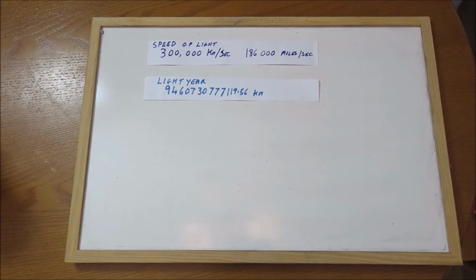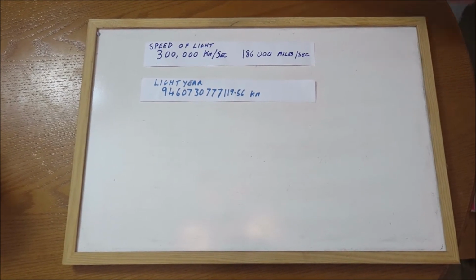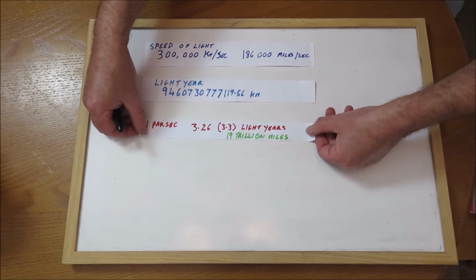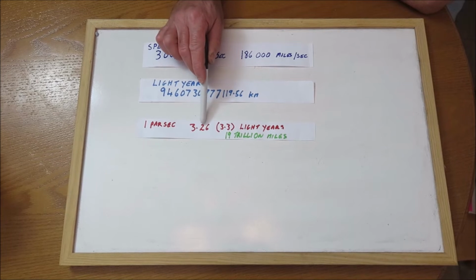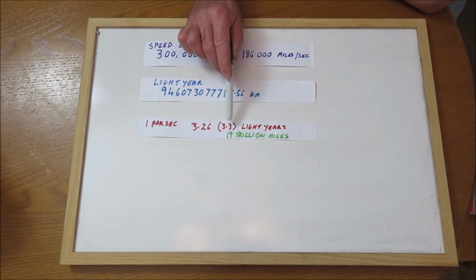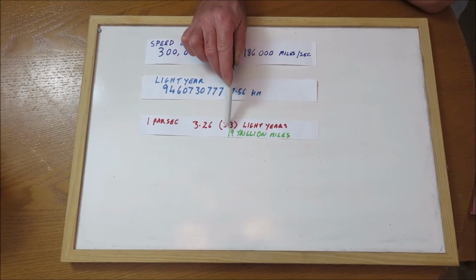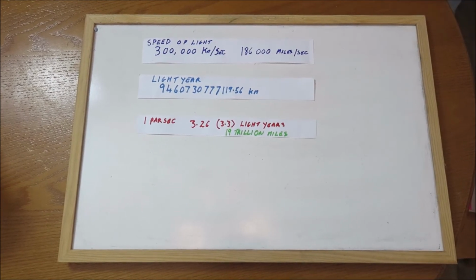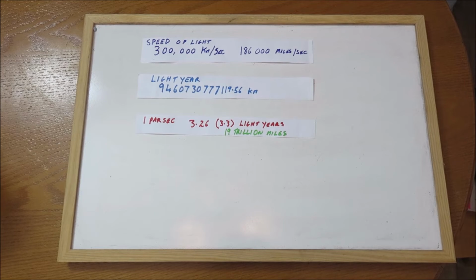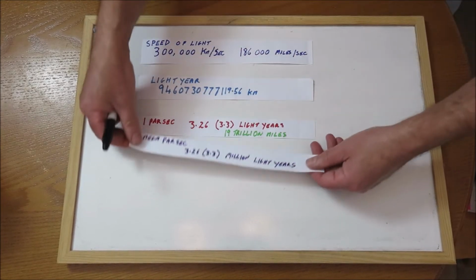Now, to start breaking that down a little bit more, we have what's called a parsec. And a parsec is 3.26, rounded up to 3.3 light years. That's equivalent to 19 trillion miles. But we go even one step further than that. We have a megaparsec.